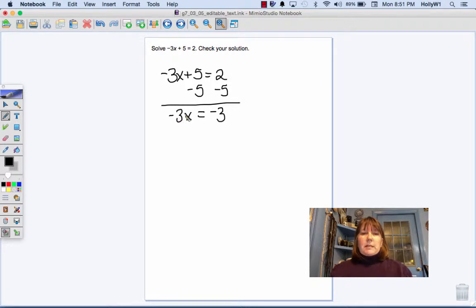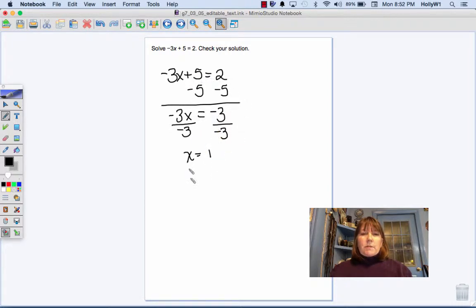So since this is negative 3x, 3 times x, you're going to divide, because that's the opposite operation. So you're going to divide negative 3x by negative 3. If you do it to one side, you have to do it to the other side. And negative 3 divided by negative 3 is 1, so you'll be left with 1x, which we write as x, is equal to negative 3 divided by negative 3, which is 1.